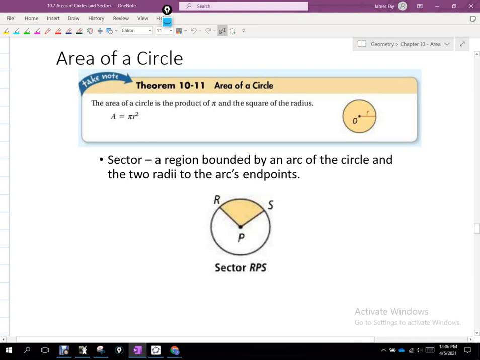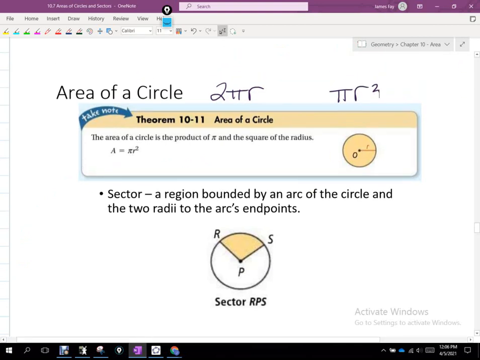Okay, but right now, area of a circle, you guys know from previous years, pi r squared, right? Always remember, I always get people to confuse these: 2 pi r. Okay. Which one is dealing with area? Well, area is always square units. The only way that I can get square units is looking at the pi r squared.